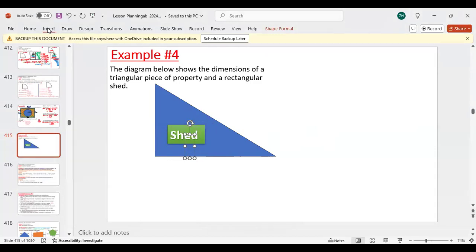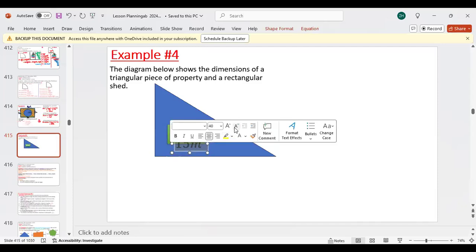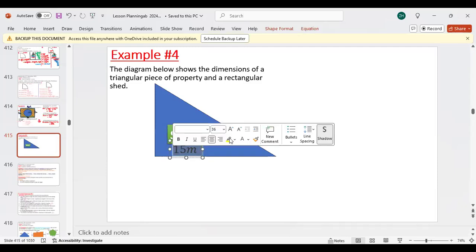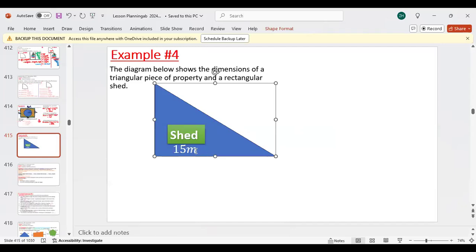Yes, sir. 15 meters. I only heard a few persons. The rest of you, are you writing this down? Okay, good. So everyone should be writing this down. At the bottom here, this is 15 meters, and then here is going to be, say, 9 meters.